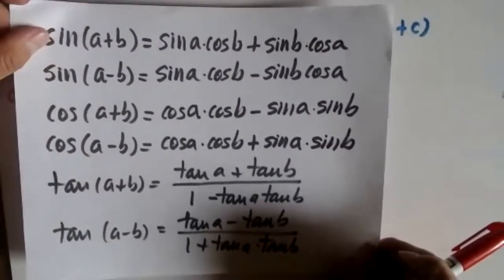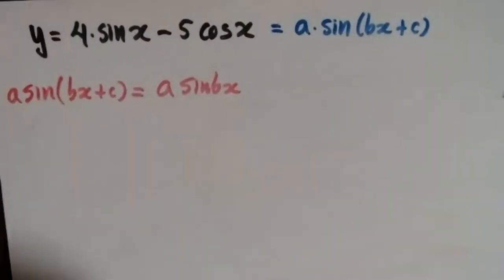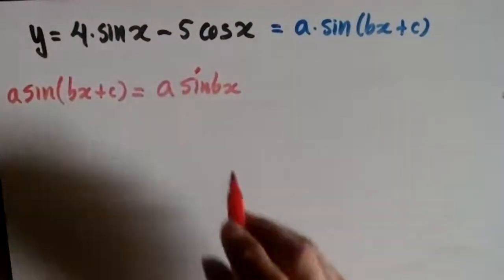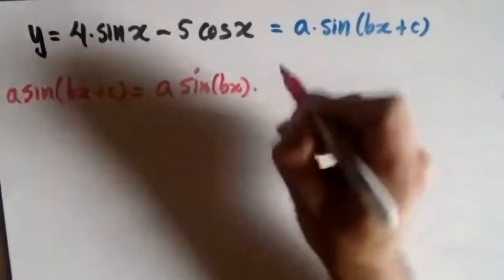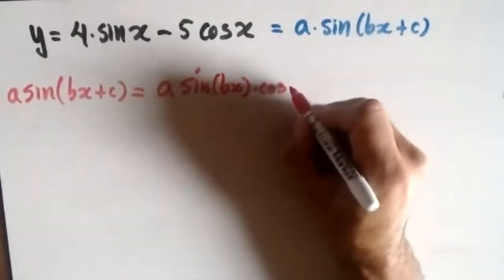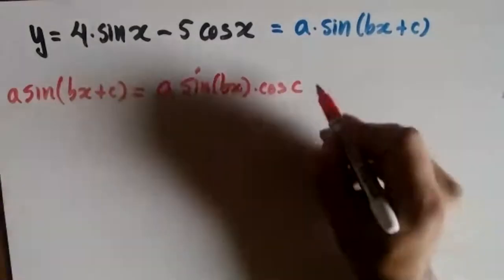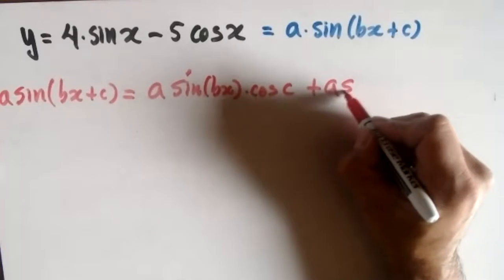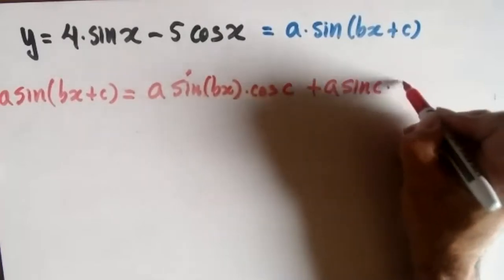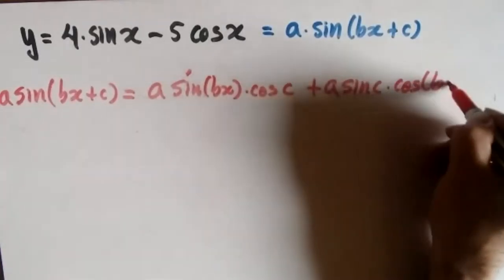We can use a plus b or a minus b. Let me just continue with a plus b, right? Sine bx, let me just put here sine bx times cosine z plus A sine z times cosine bx.